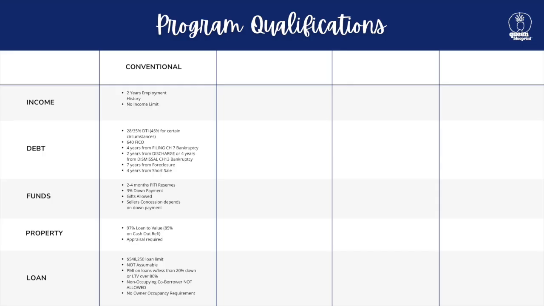There is a PMI on loans with less than 20% down payment. Okay, and PMI is private mortgage insurance. That is so just in case you default, they have insurance to cover you. So if you put down less than 20%, you will have to pay a PMI.